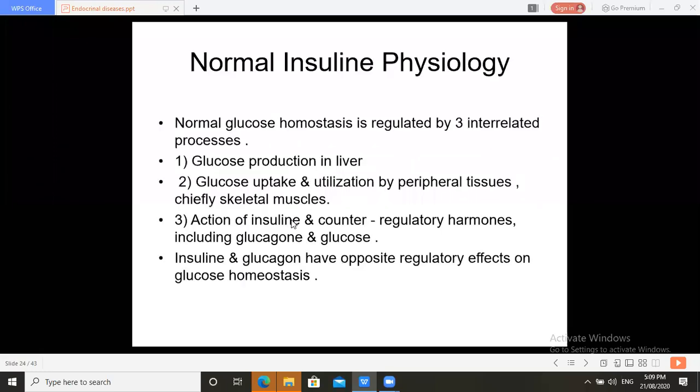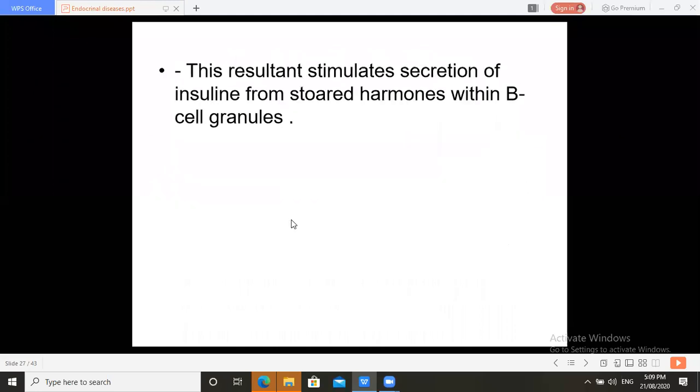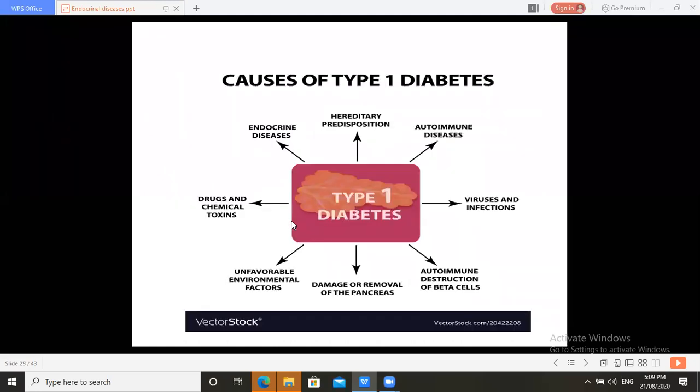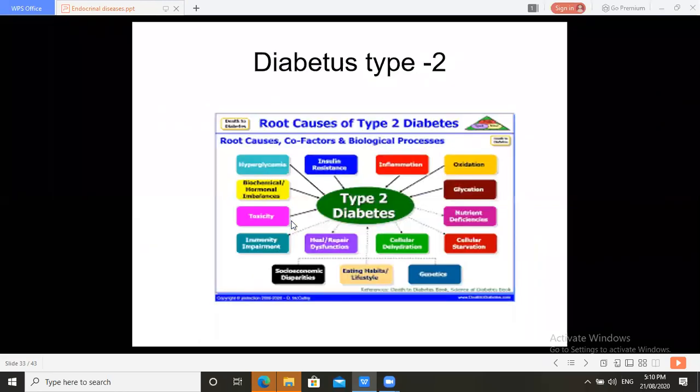For type 1 and type 2 diabetes mellitus, the etiology and pathophysiology are important, and later on, lastly, morphology.